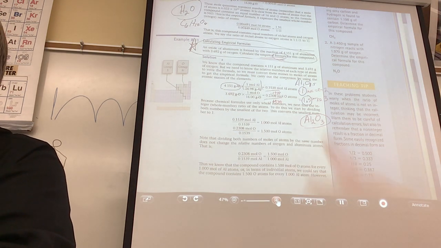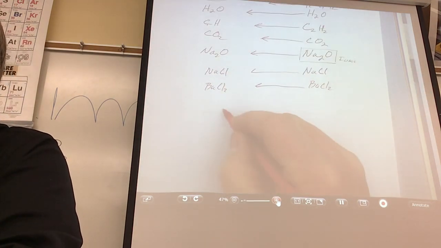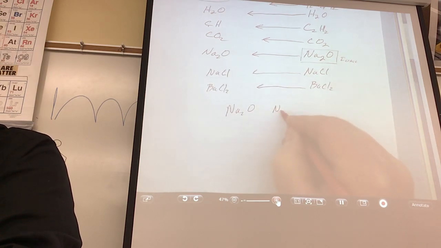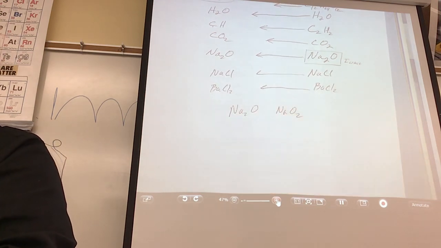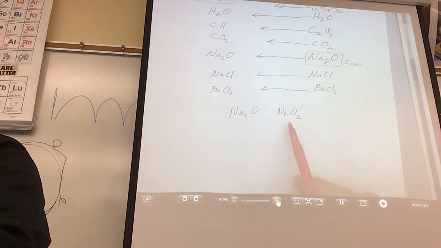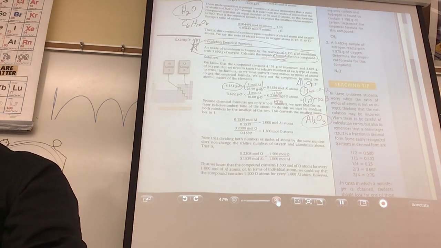For example, here's sodium oxide. What's sodium peroxide? See that? The peroxides are the only time you'll see where an ionic compound is not also the empirical formula. So, all right, here we go.